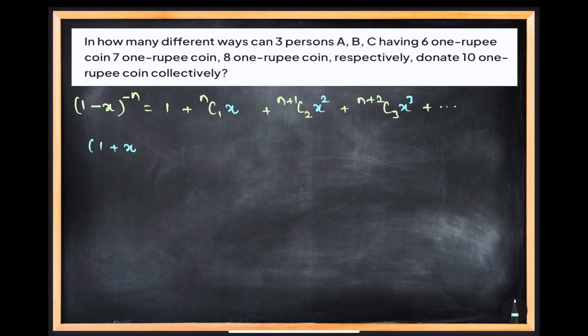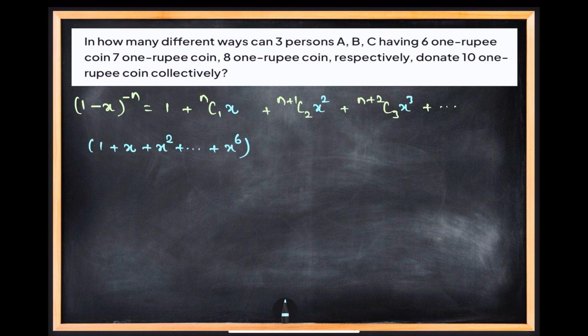So in the first element x power is 0, so he will contribute 0 rupees. It is not necessarily true that you have to contribute at any cost. Then x power 1, and so on, till x power 6. Max to max he can contribute 6 rupees.